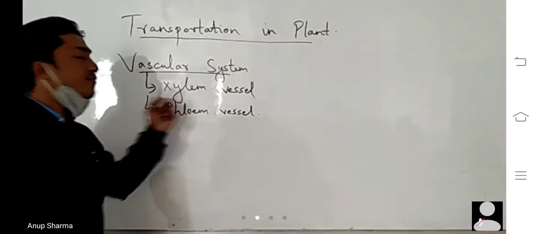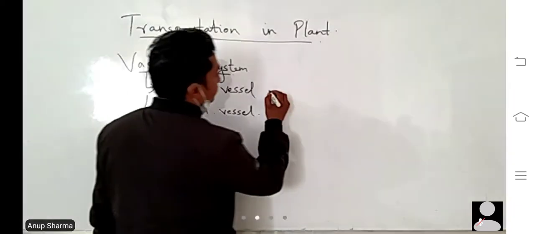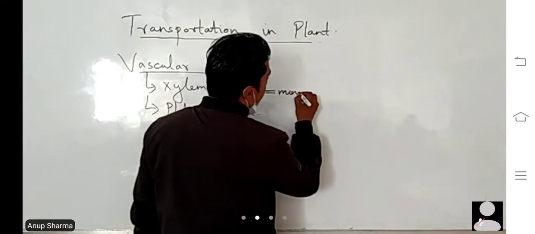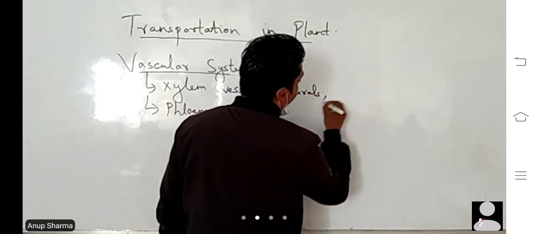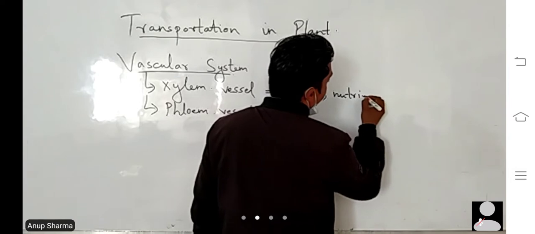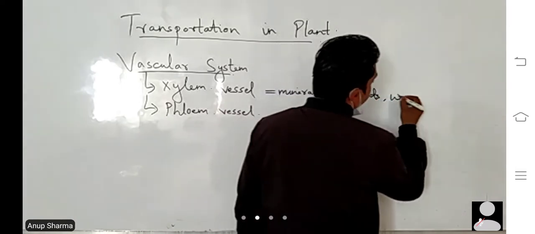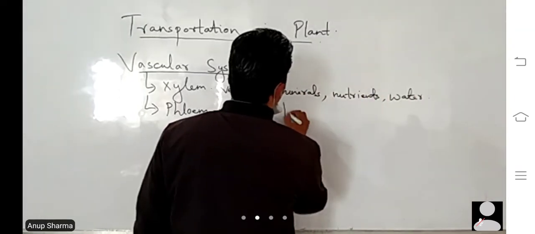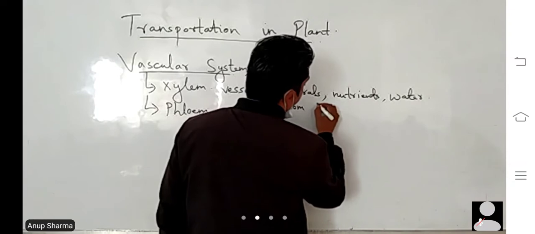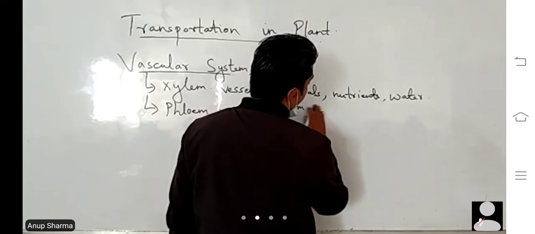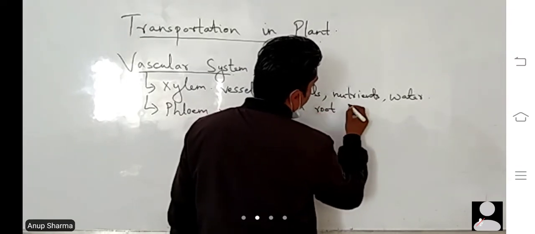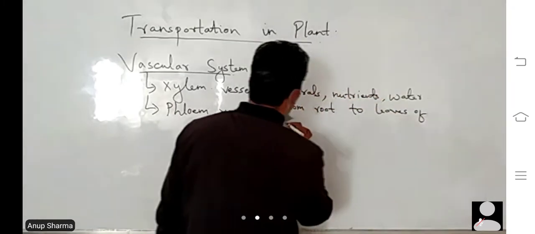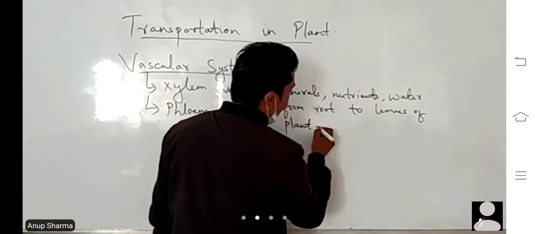In xylem vessel, what happens? The minerals and nutrients and water are transported from roots to leaves of the plant for what?